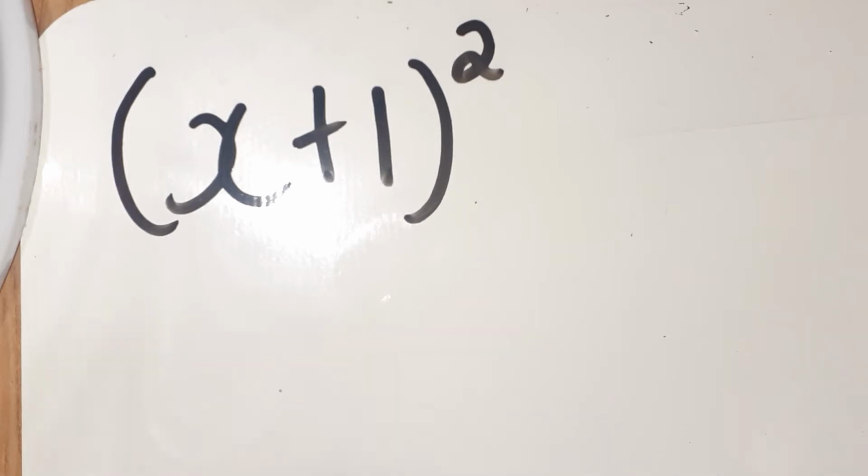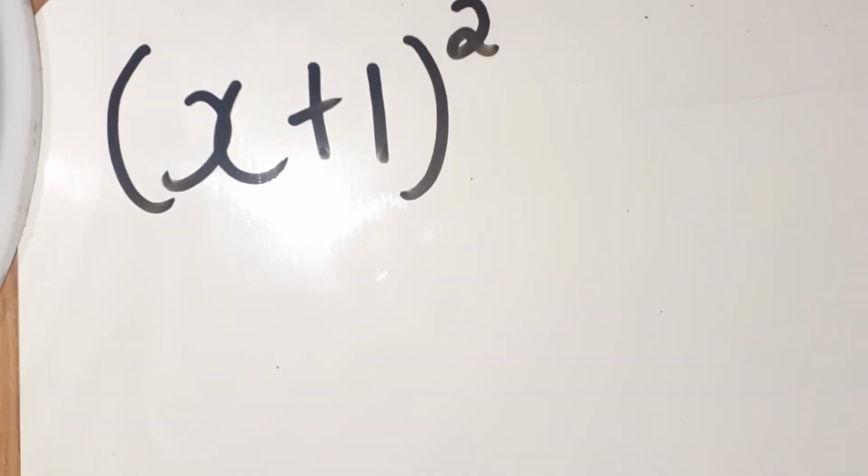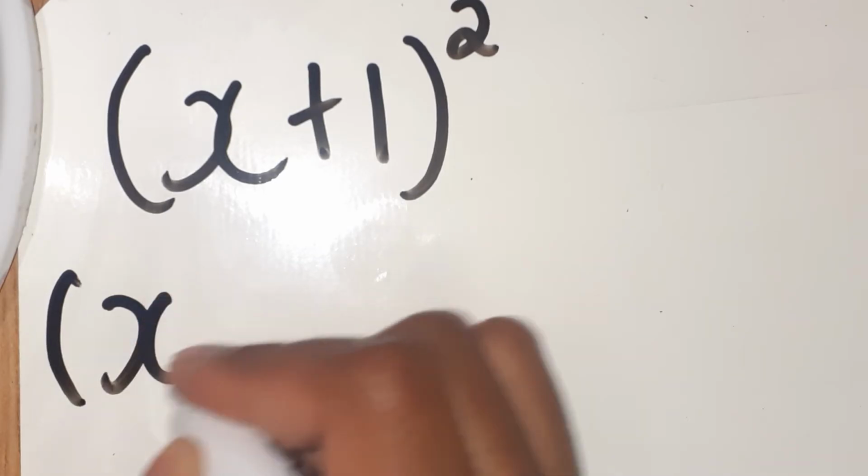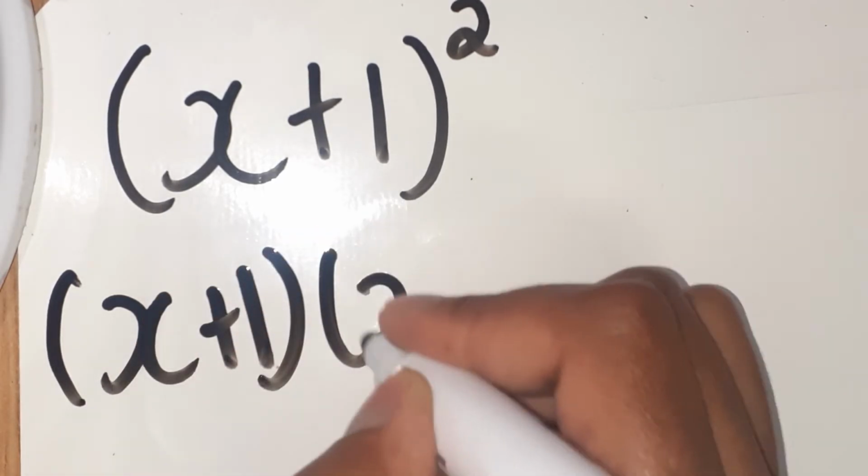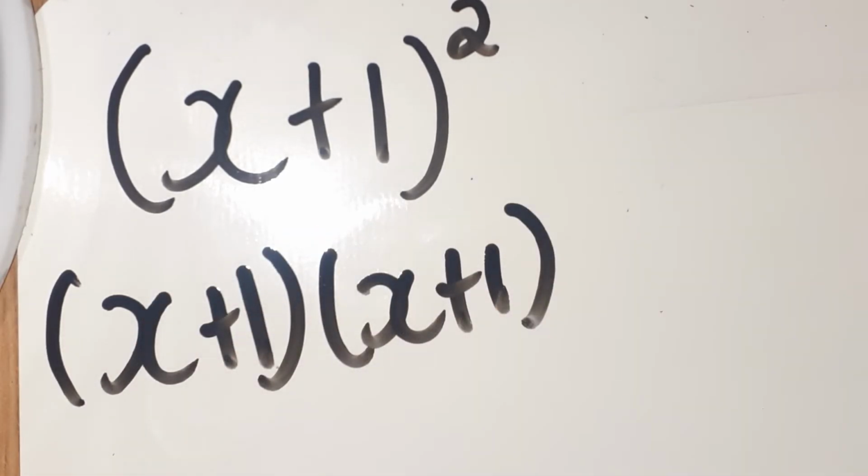Now, with this, you have to expand this bracket. In previous examples, I have shown you when the bracket is already expanded. Now, we expand this. You have to write this 2 times. So you will have x plus 1 and x plus 1, right?